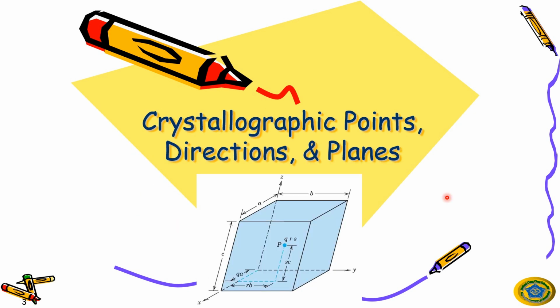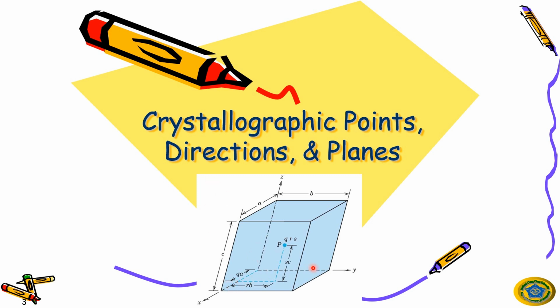So now we move to the topic of the crystallographic points, directions, and planes. As I just told you, this is a unit cell, and if you have a point here, how are you going to address this point, and let other scientists or engineers know you are talking about this point, not this one? And also direction.